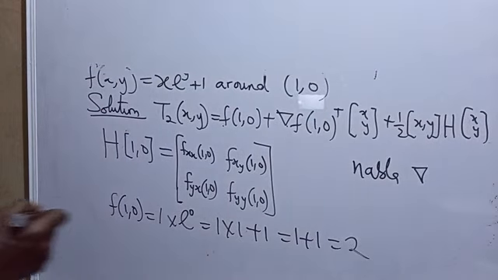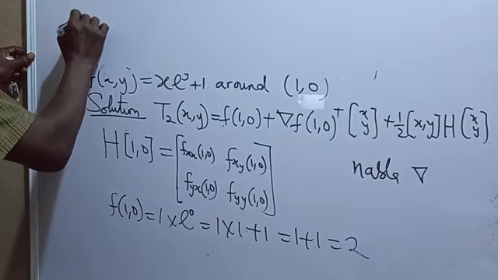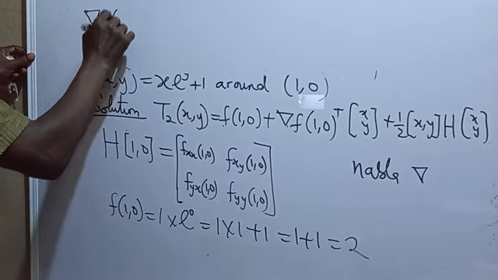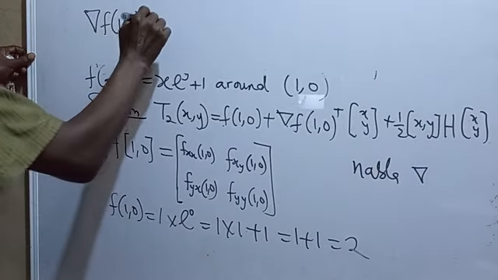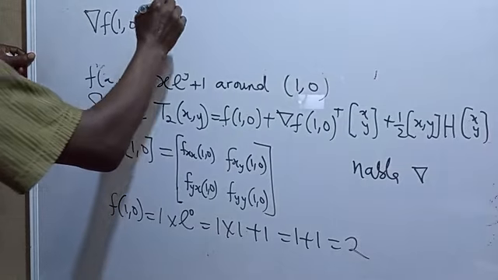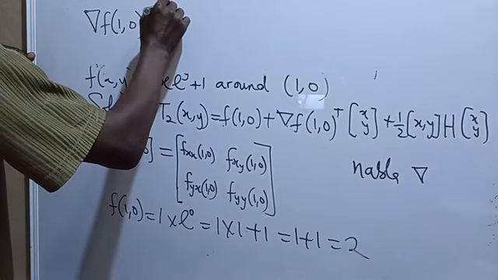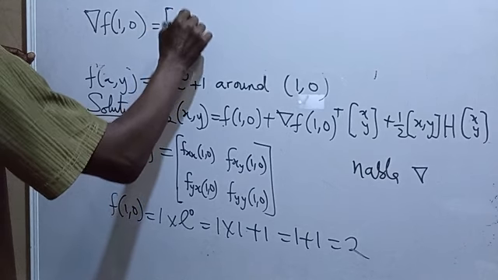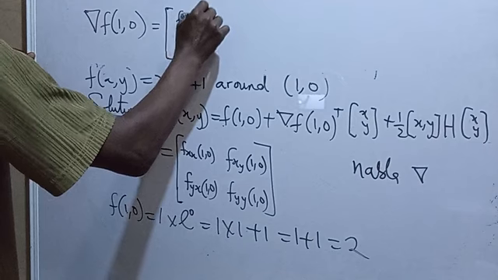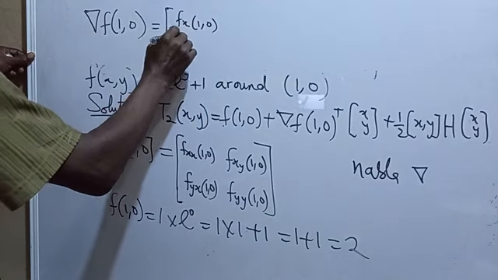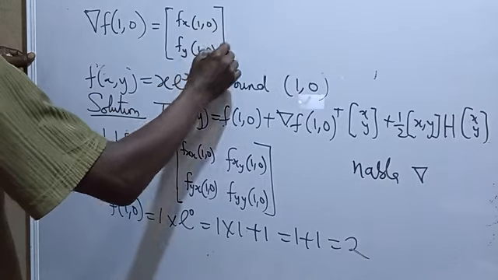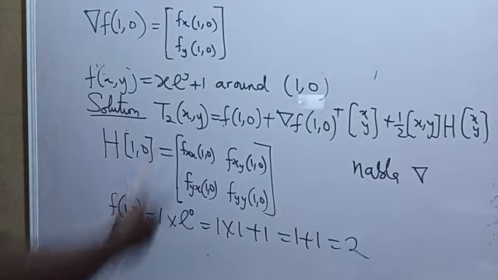Now, this gradient of f at around 1 comma 0 simply means that you're going to have fx at 1 comma 0 and fy at 1 comma 0. It's going to be a column vector.